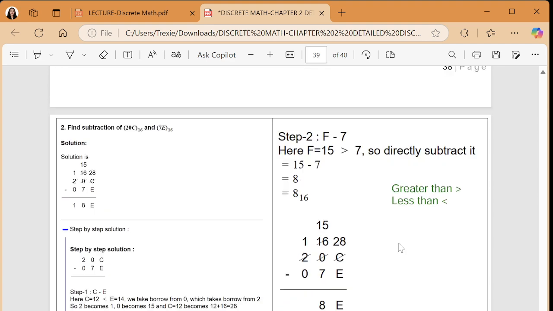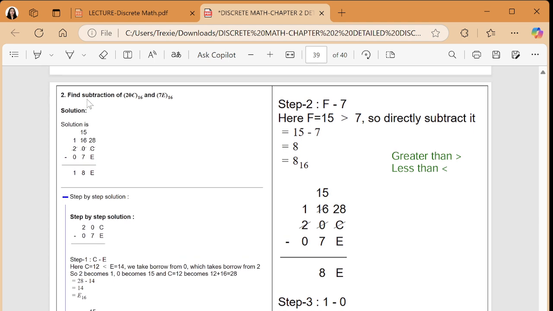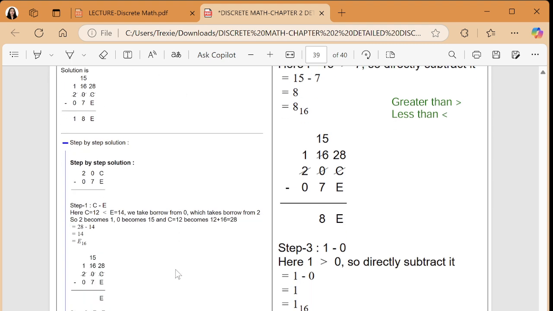Next, this one is the second to the last example. Find the subtraction of 20C base 16 minus 7E base 16. So step 1, since C is less than E, we need to borrow.